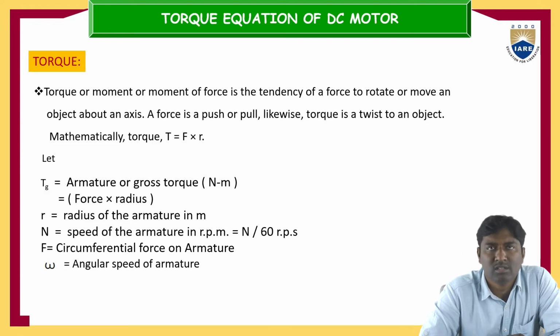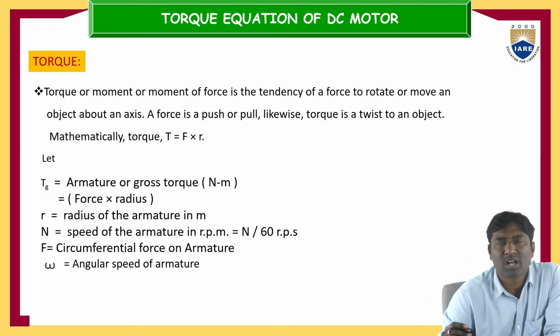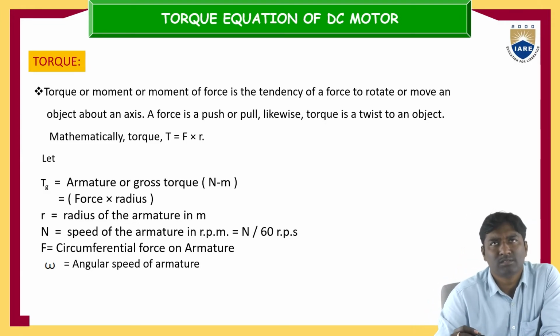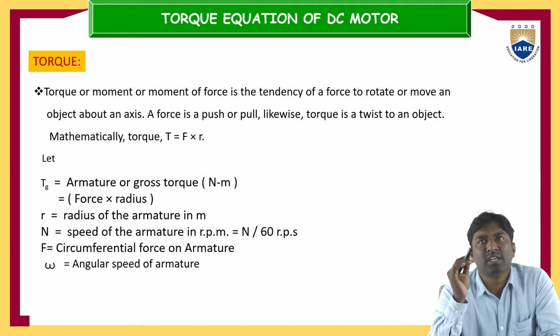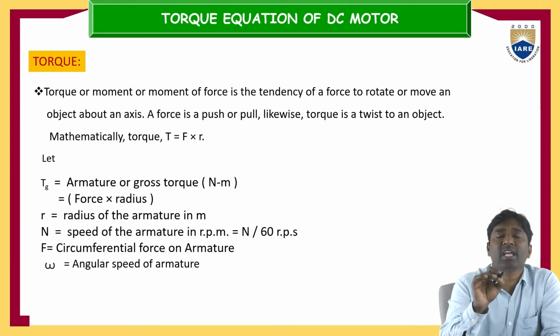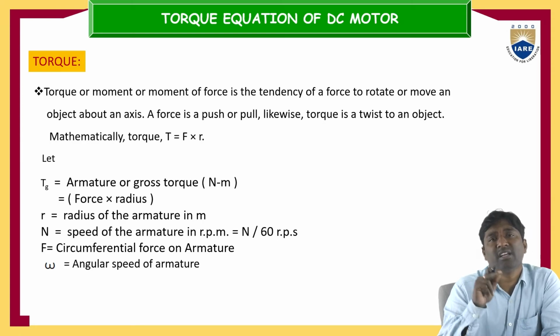Torque, or moment of force, is the tendency of a force to rotate or move an object about an axis. So in case of the DC motor, the armature winding will rotate.